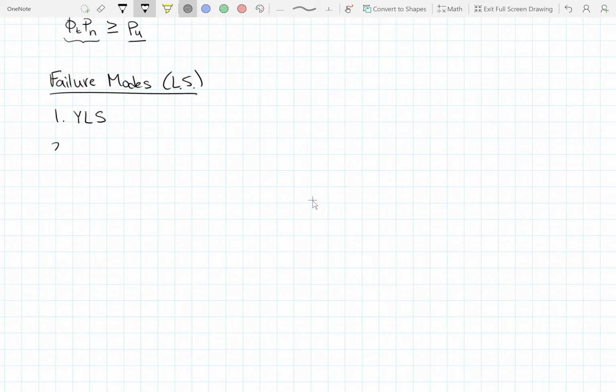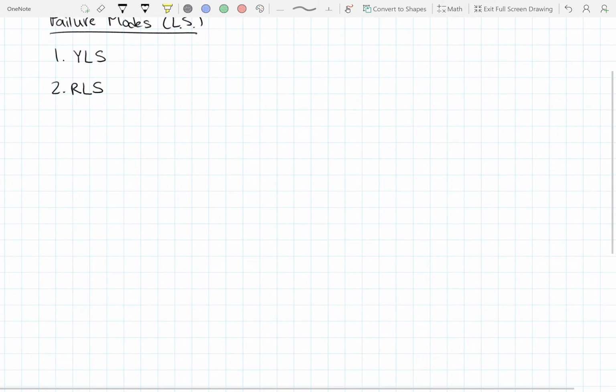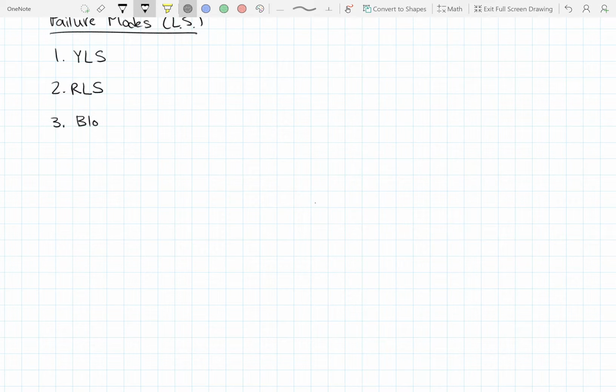Another one is the rupture limit state. We abbreviate it RLS. Another is the block shear limit state. There's no fancy abbreviation for that one. And the other is a general serviceability check for slenderness.